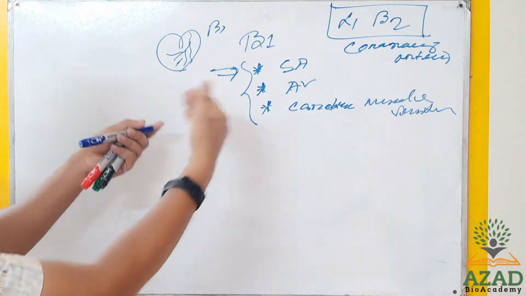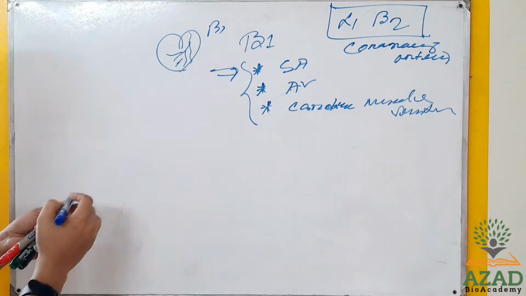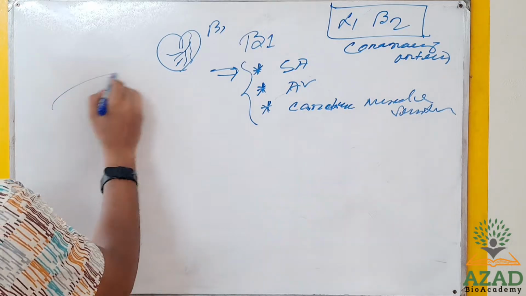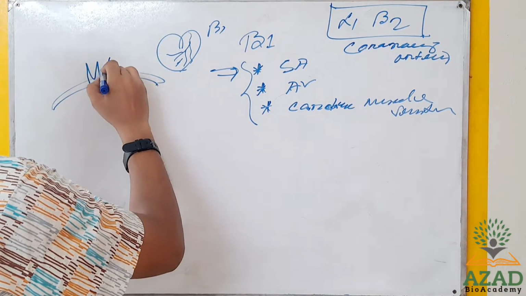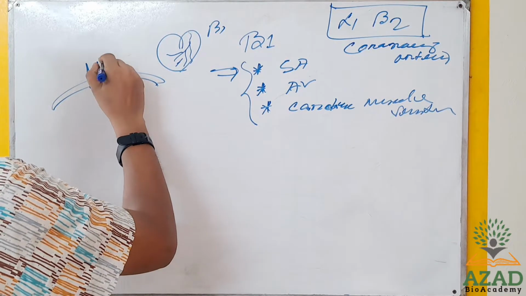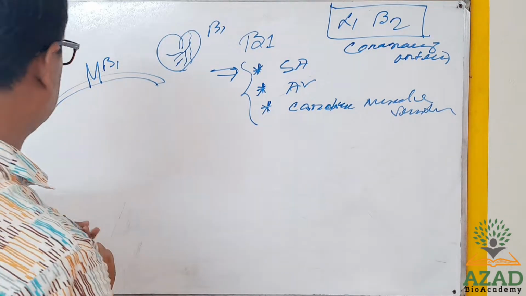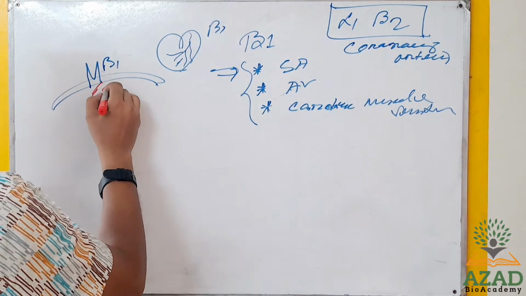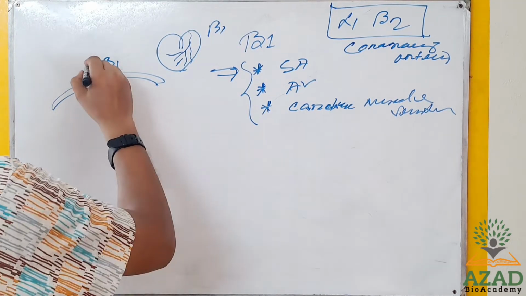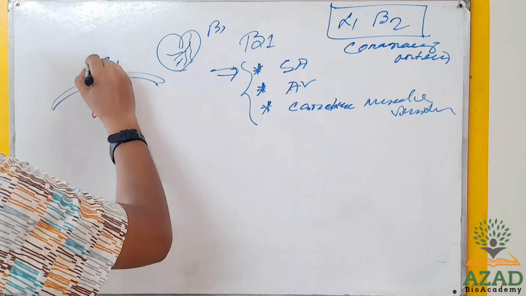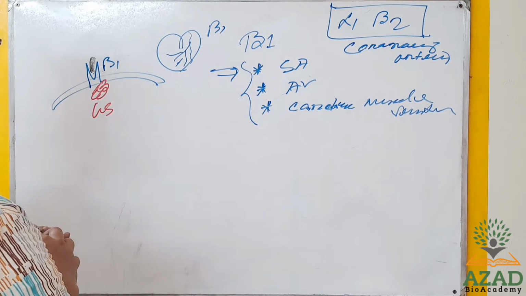I will just explain very briefly. Beta 1. So suppose this is your heart cardiac muscle cell membrane, and this is your beta 1 receptor. This is the Gs protein-coupled receptor, and when it is activated by noradrenaline or adrenaline, then what will happen?